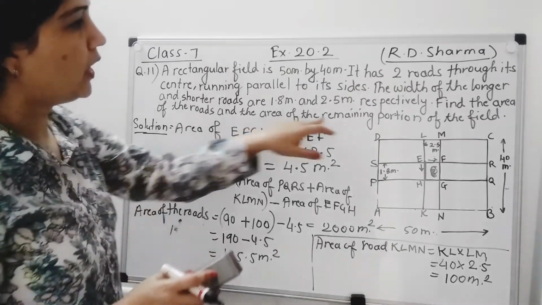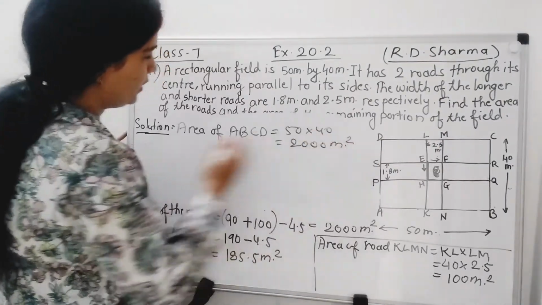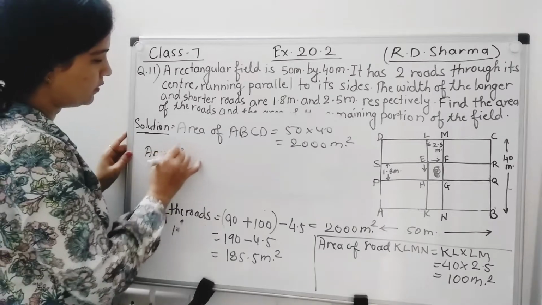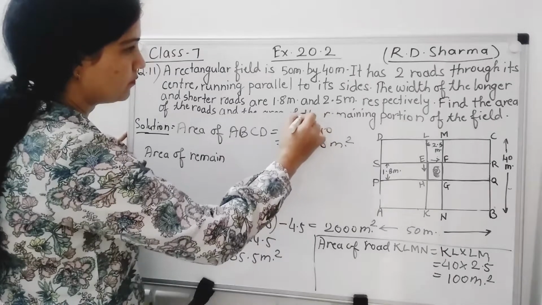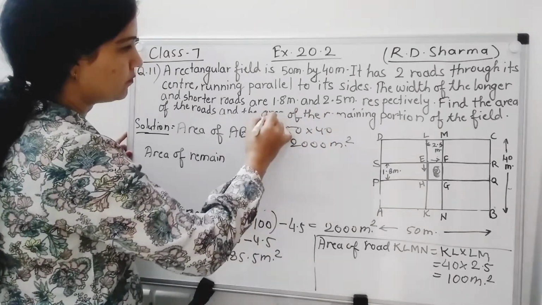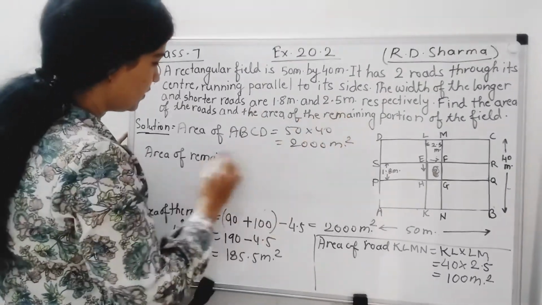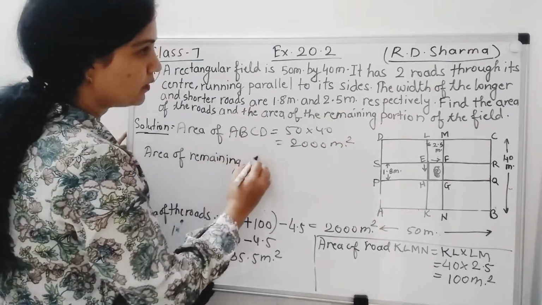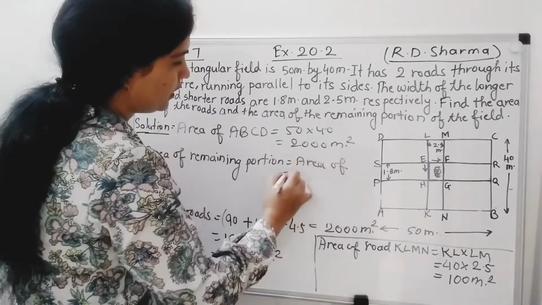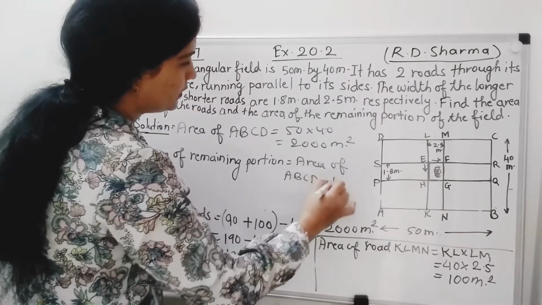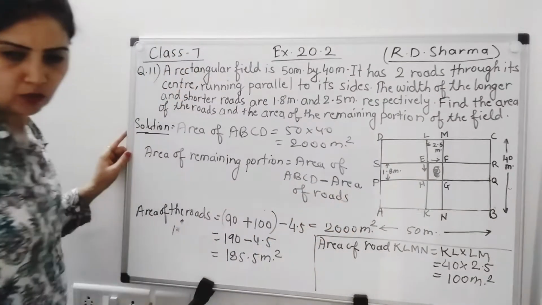Now we have to find out the area of the remaining portion, which is left from the 2000 meter square. So area of remaining portion will be area of ABCD minus area of roads.